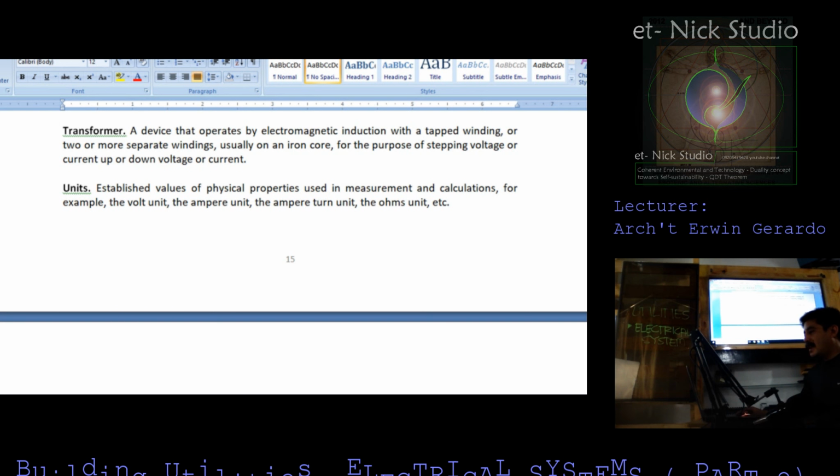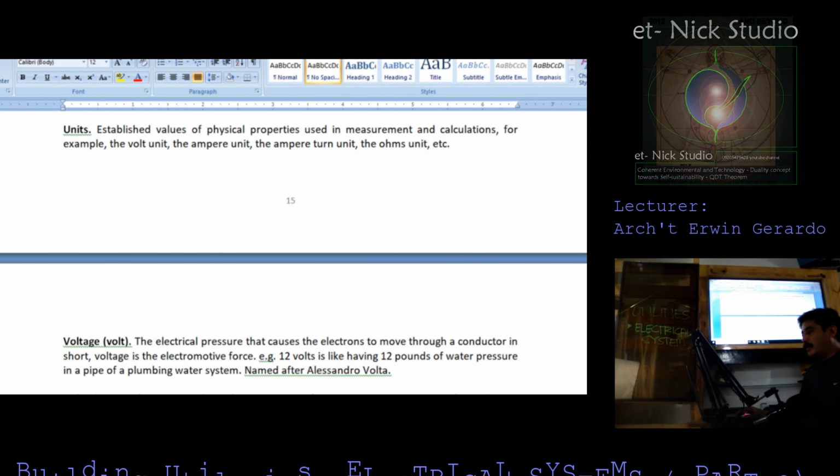Transformer, a device that operates by electromagnetic induction with a tapped winding or two or more separate windings, usually on an iron core, for the purpose of stepping voltage or current up or down.